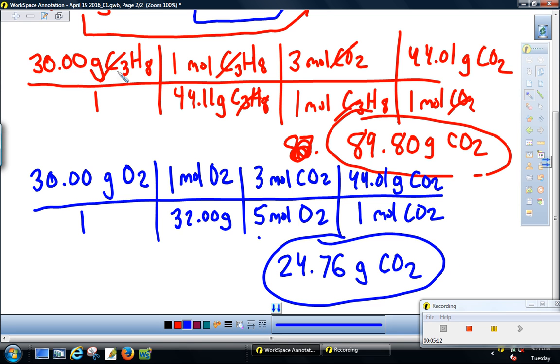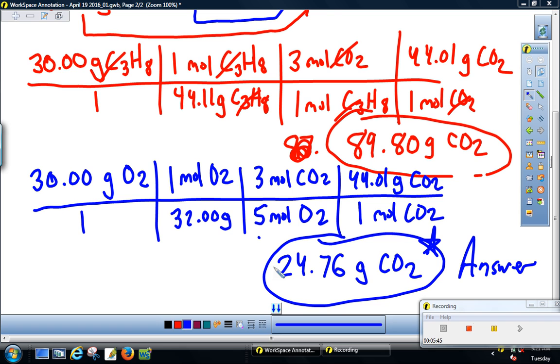So I have enough propane to make 89.80 grams of CO2, but I only have enough oxygen to make 24.76 grams of CO2. The last step of the limiting reactant problem is to pick the smallest amount. If I only have enough oxygen to make 24.76 grams of CO2, then once I make that much, the oxygen is gone, and I can't make any more CO2. So you pick the lowest answer, and that is it.